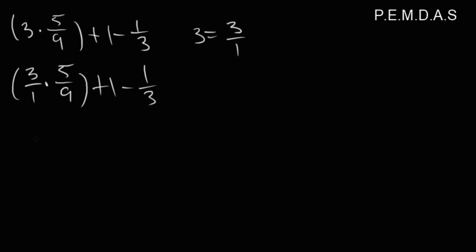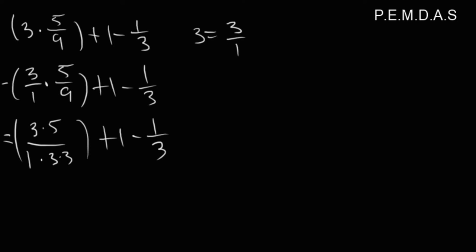I know 3 goes into 9, so I can break that down. Put it all over one line, so I have 3 times 5 over 1 times 3 times 3 plus 1 minus 1/3. So that equals, I'm going to cancel one of these 3s, 1, 1.